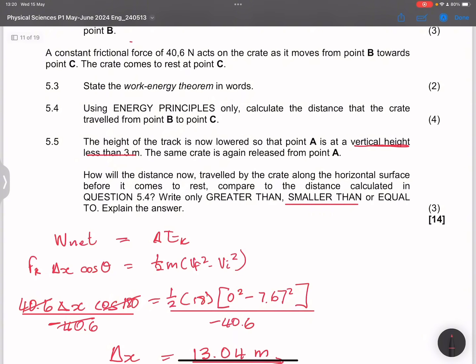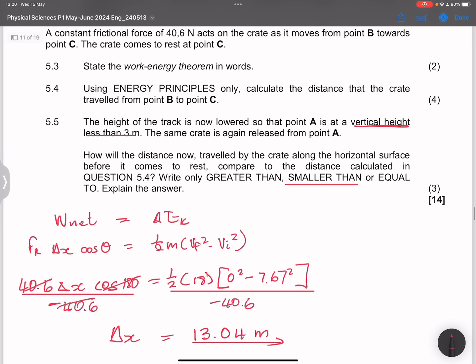Now, why is that? Okay, so we know that the net work done is equal to the change in kinetic energy. All right, let's start with the mechanical energy at A would now be less than the initial one, okay?